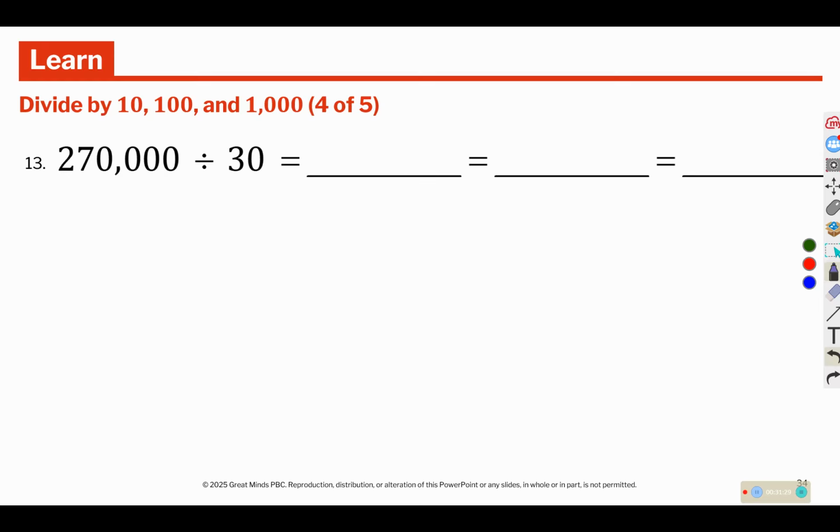We do know that 30 is 3 times 10, or you can write it as 10 times 3. So we're going to rewrite this as 270,000 divided by 10 times 3. We're rewriting 30 as 10 times 3.